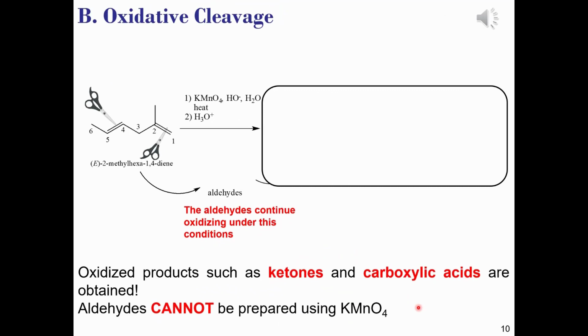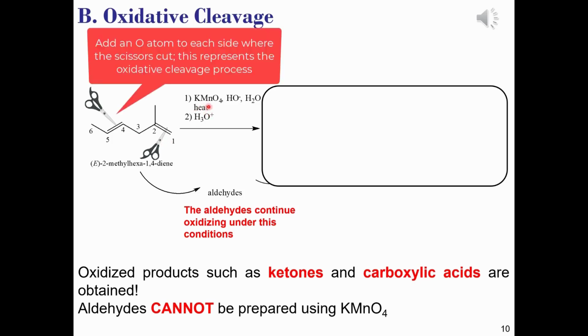Numbering substrates is your friend, and you are encouraged to do this on this course to a substrate in all cases. Now, the scissors represent where the oxidative cleavage is going to take place, and it's worthwhile noting that the potassium permanganate will never yield an aldehyde as a product.